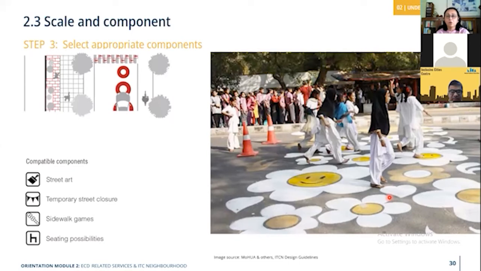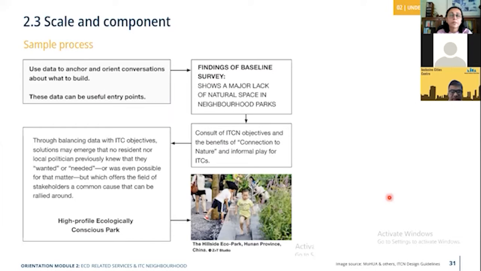These are all pictures from Indian cities, and this can not only increase the aesthetic appeal, but is also beneficial for the pedestrian or the ITC unit using these streets. So this is a 3-step method by which we can apply the guidelines to a particular component.